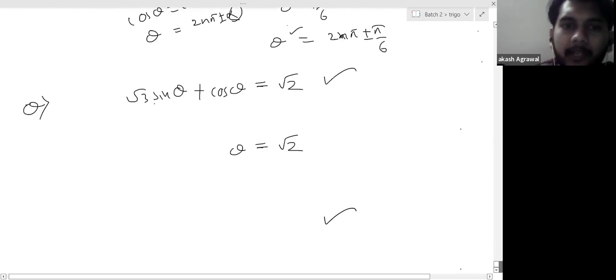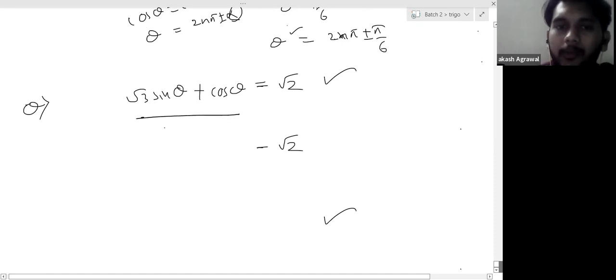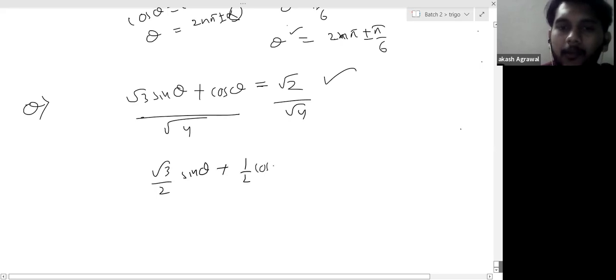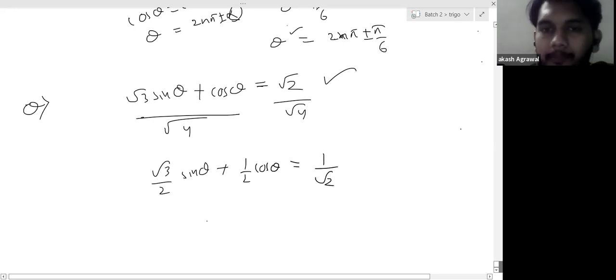The first step is to divide the whole equation by the square root of a square plus b square. Here also a square plus b square is 4. So dividing by under root 4. All right. So this will be root 3 by 2 sine theta plus half cos theta equals 1 upon root 2.